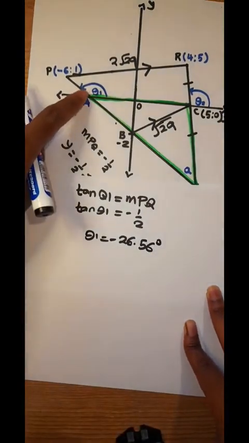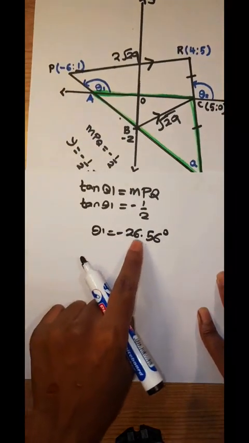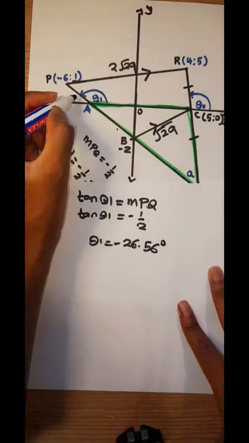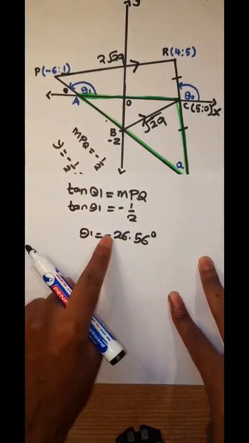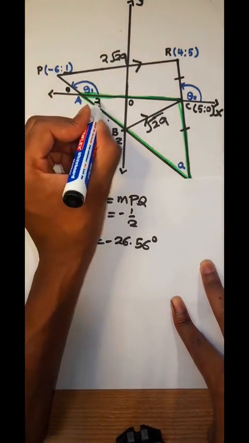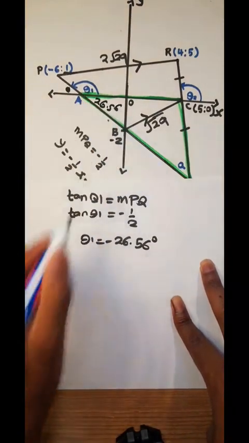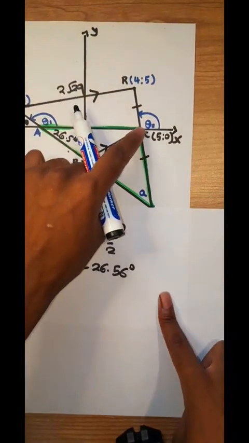By the way, if you get a minus 26.56, it means that this angle is minus 26.56, so this angle here is going to be 26.56.